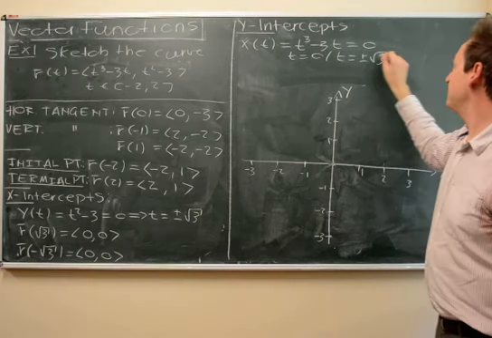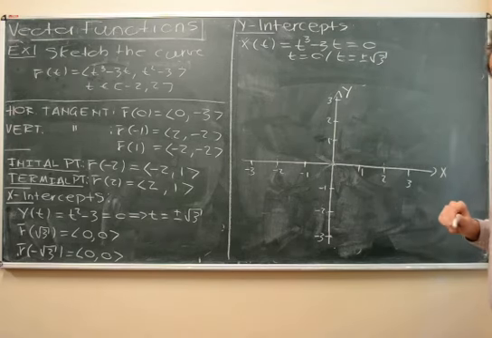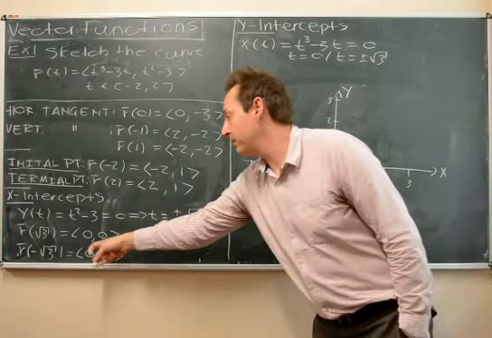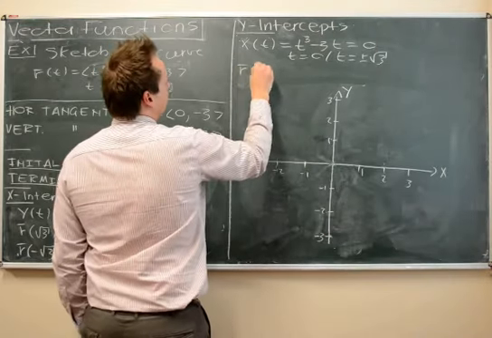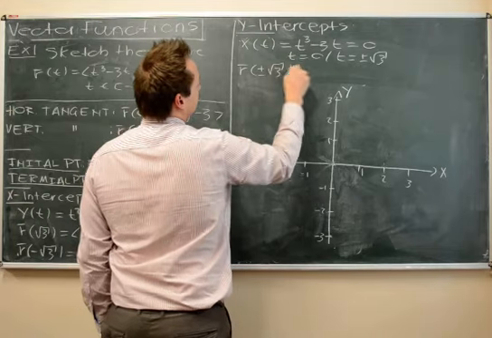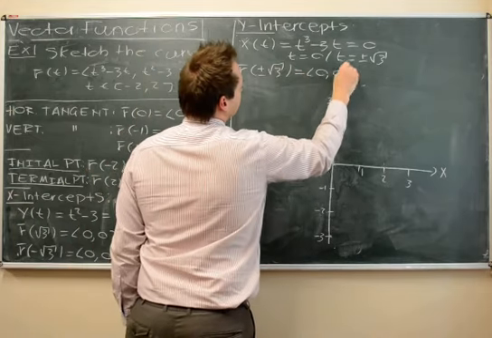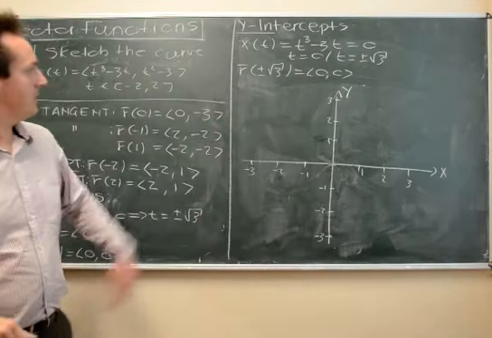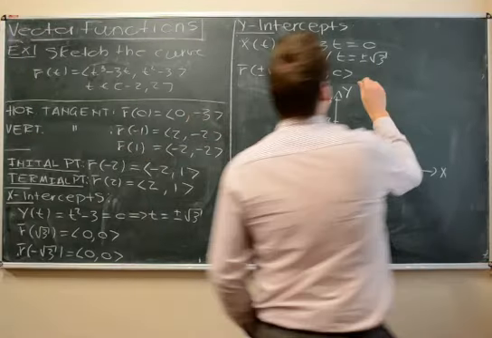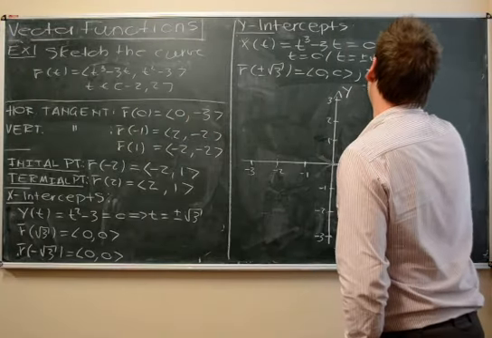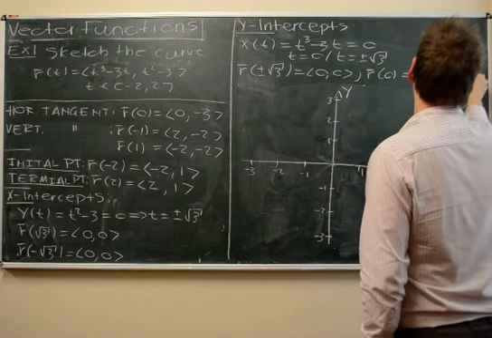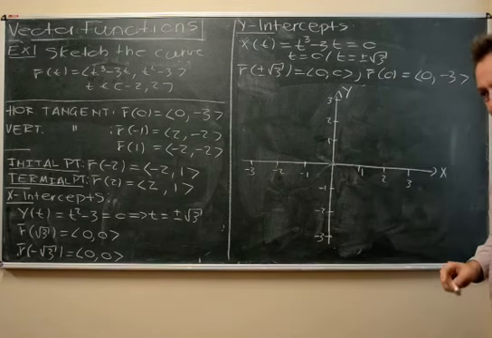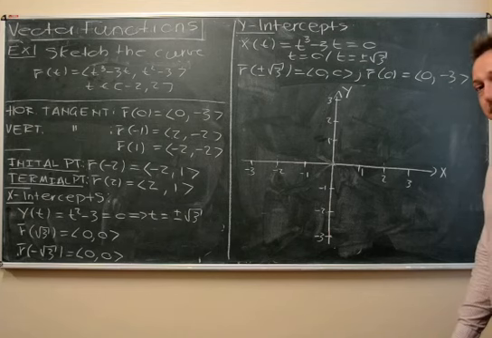These values for t, plus or minus root 3, we already got them here, so we have that point. And now for t equals 0, we get a new point. r of 0 gives you (0, -3). So now let's go ahead and sketch our curve.